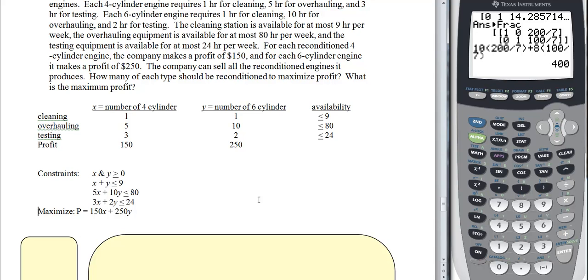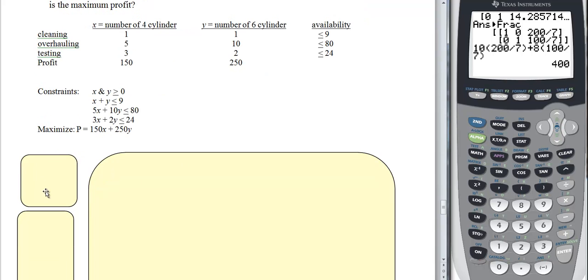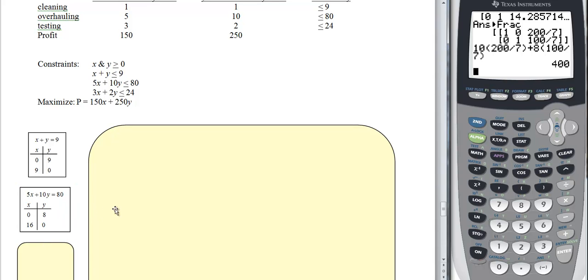So I need you to go graph your inequalities. Pause me, go graph, and see if you end up with the same picture I do. So those are my X and Y intercepts for the first linear inequality. There's my second one. But only graph these one at a time.